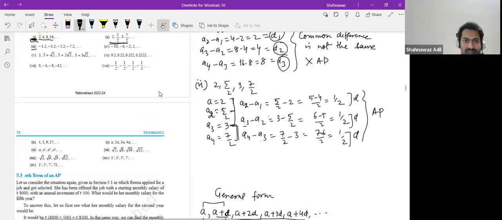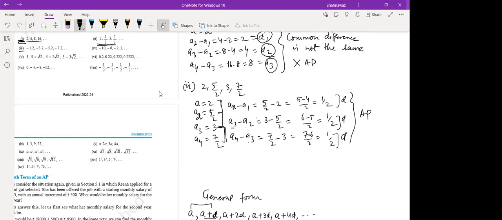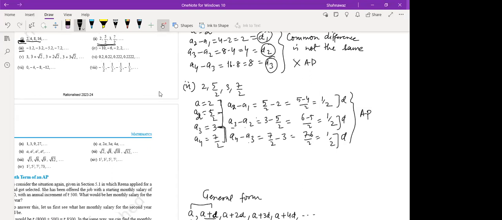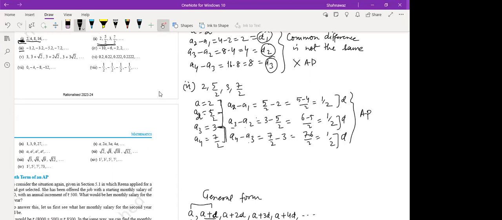Punishment, punishment, punishment. If any of my three students in this batch, Shaima, Talha, and Rizwan, gets confused, then there will be repetitive turns. Today Talha got confused, so there will be repetitive turns for Talha.